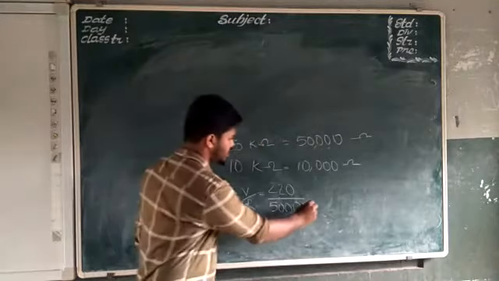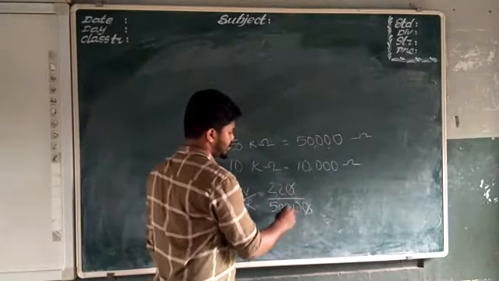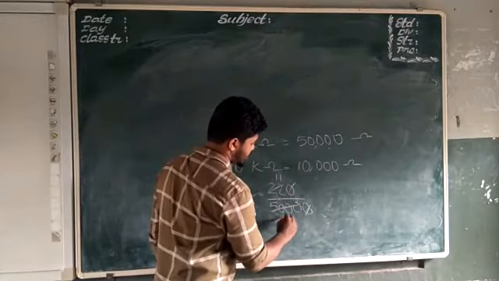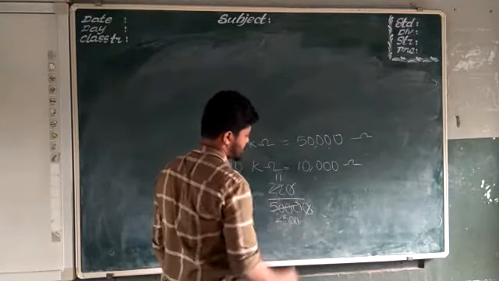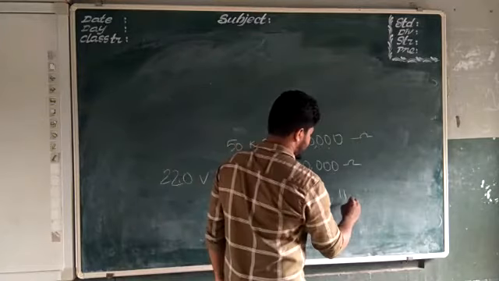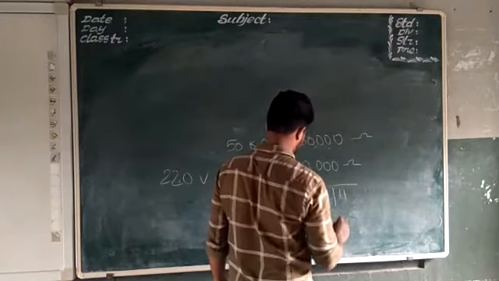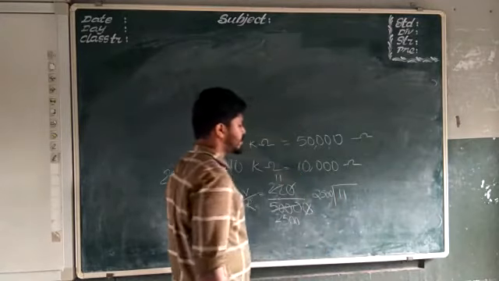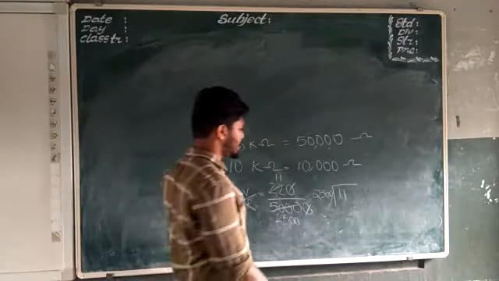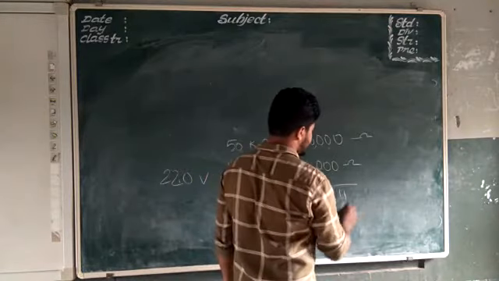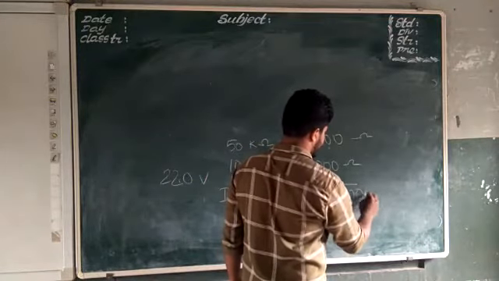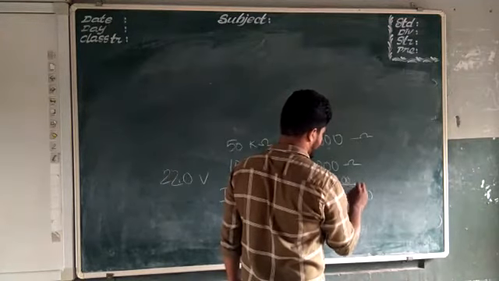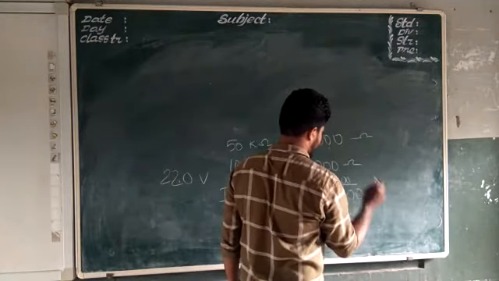Let's cancel: 22 becomes 11. So it's 11 by 2,500. It's almost 0.00 something.